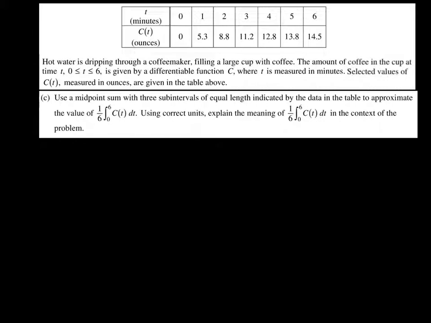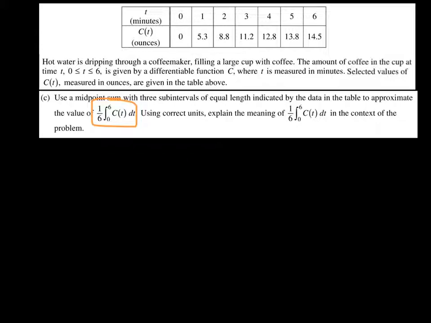Okay, part C here says use a midpoint sum with 3 subintervals of equal length indicated by the data in the table to approximate the value of 1/6 the integral from 0 to 6 of c of t dt. Using correct units, explain the meaning of that in the context of the problem. All right, so we'll get to the meaning in a little bit, but first of all, let's just compute it.